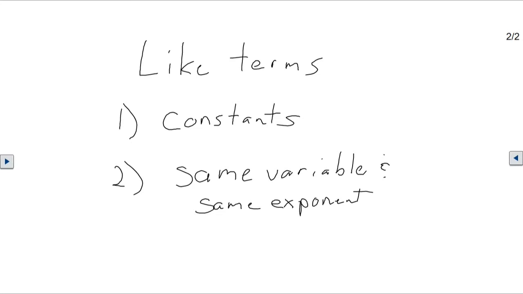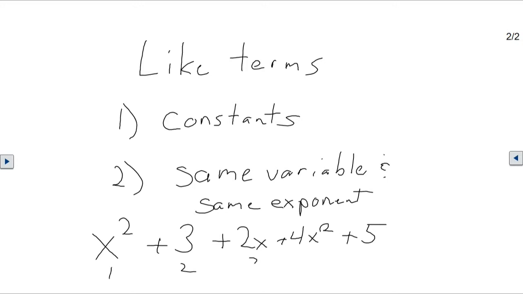Let's say I had x squared plus 3 plus 2x plus 4x squared plus 5. So I have 1, 2, 3, 4, 5 different terms there.